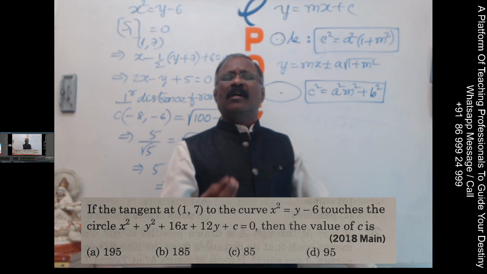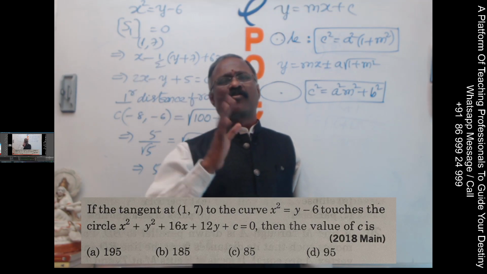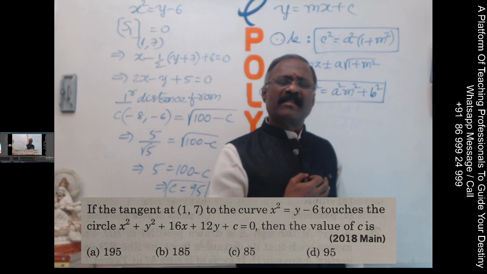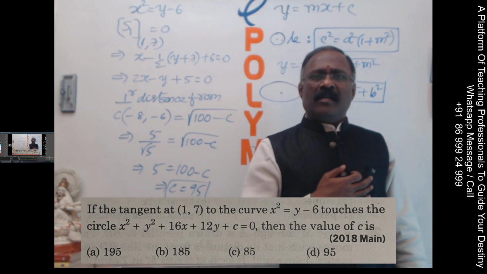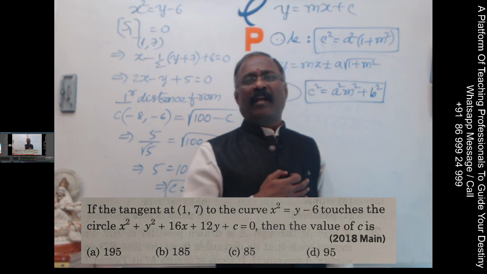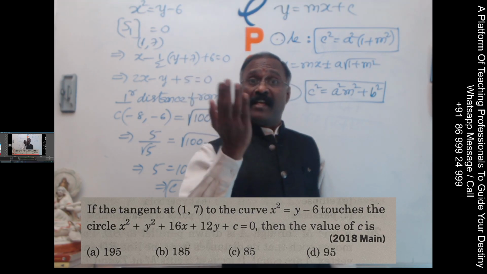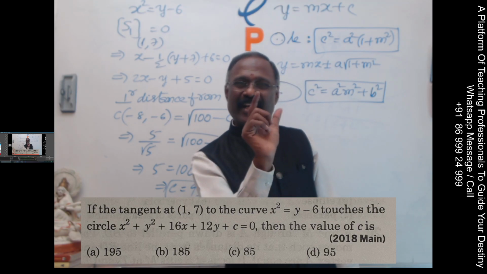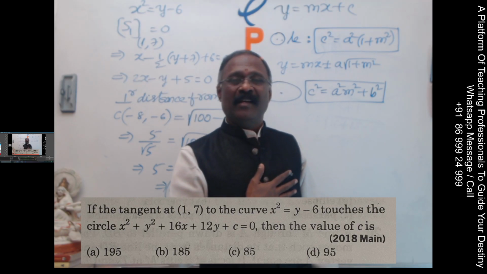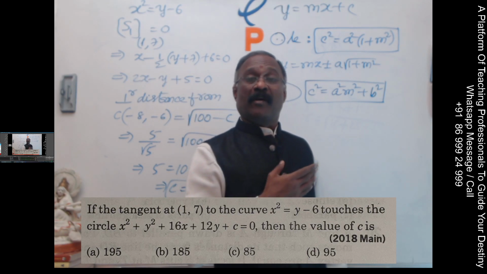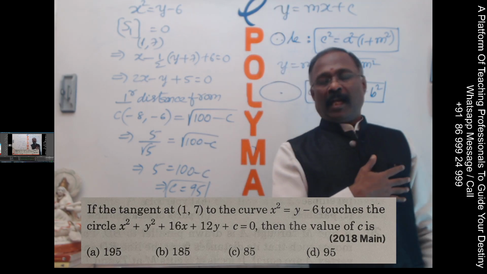What you have to do is replace second a square with b square. What does it mean? If the circle equation is x square plus y square equal to a square, it can be written as x square by a square plus y square by a square equal to 1. That second a square replaced with b square, then x square by a square plus y square by b square equal to 1 is the ellipse.